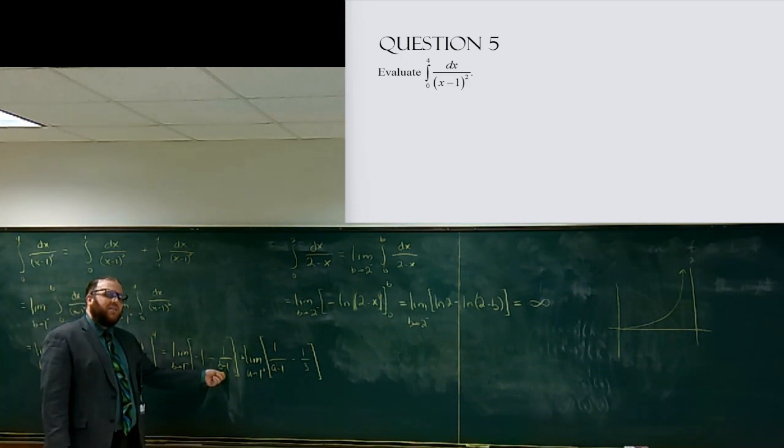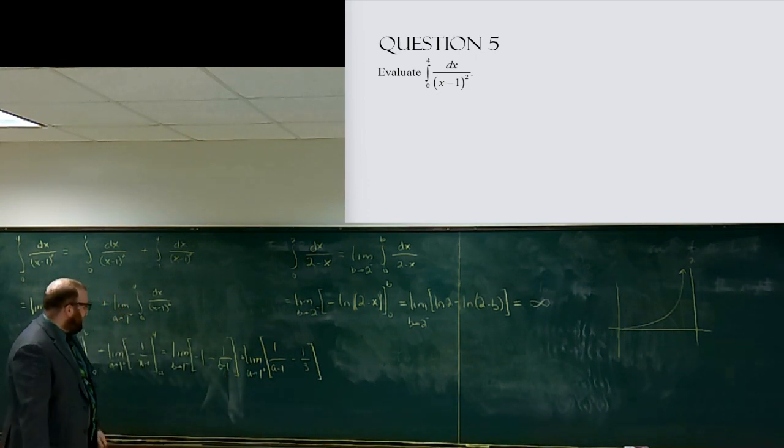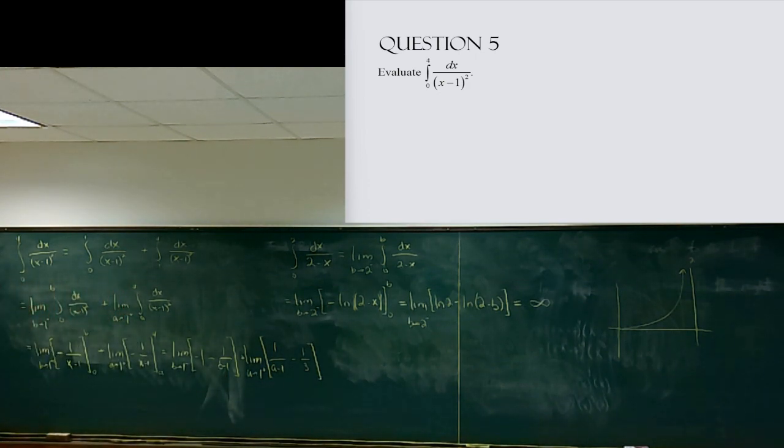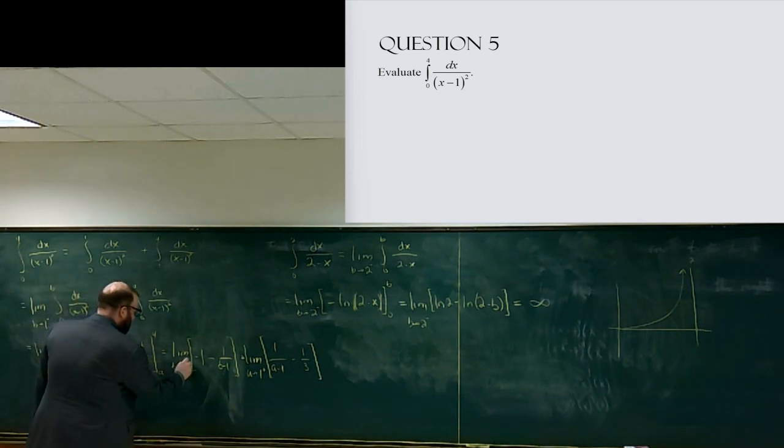What is that limit? As B approaches 1. That's 1 from the left.